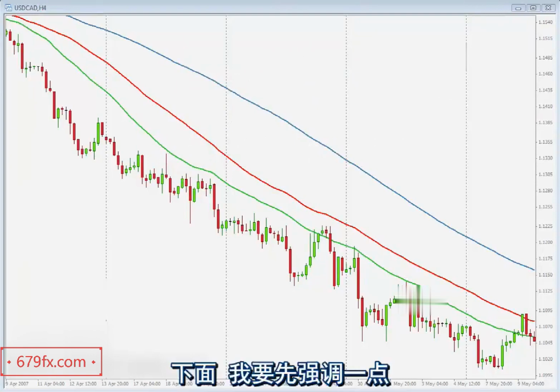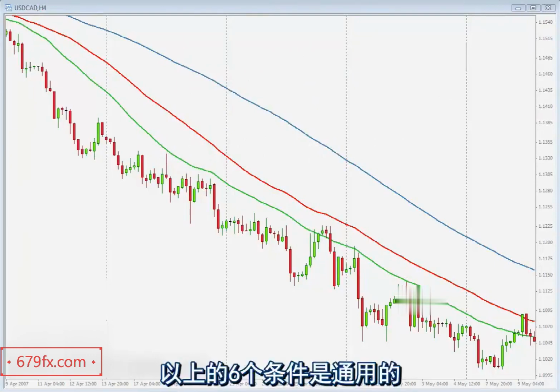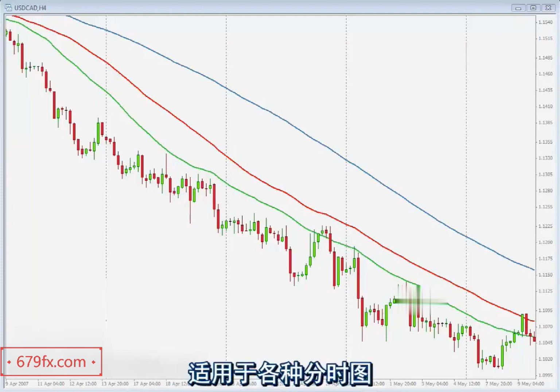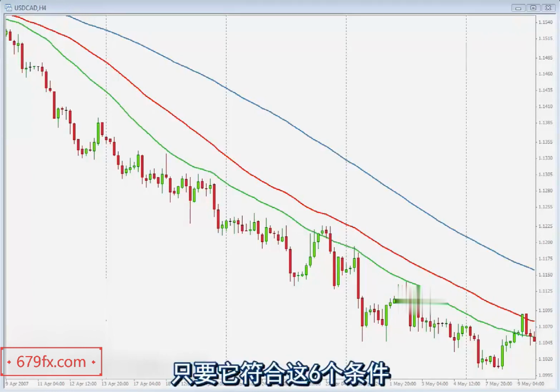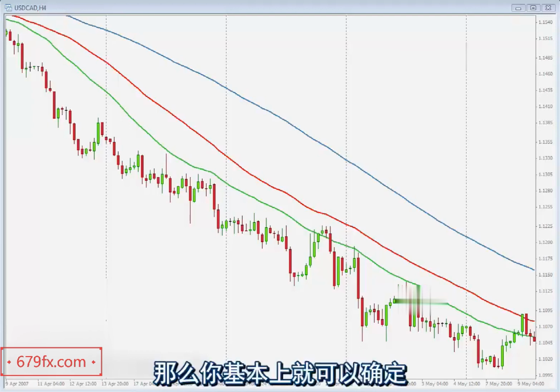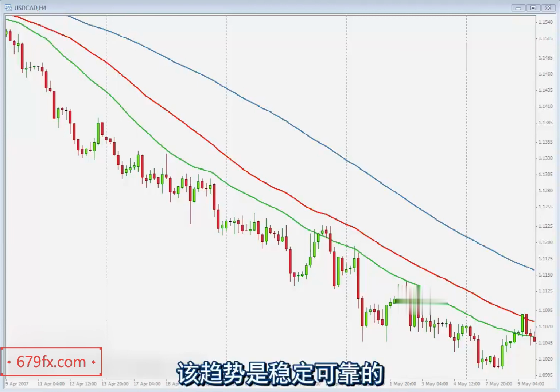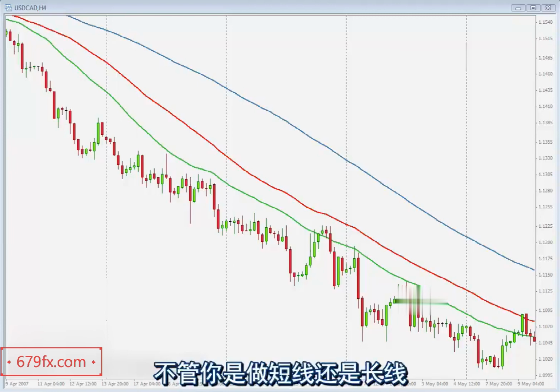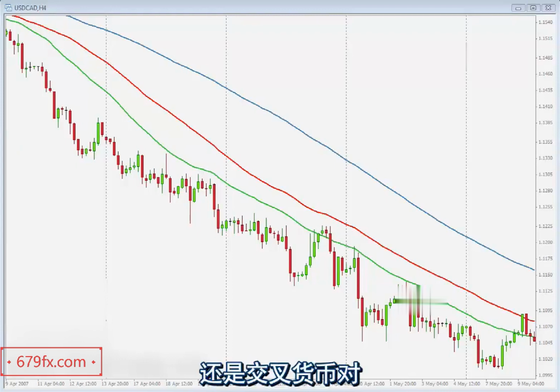Now, I'd like to stress the point that these 6 conditions are universal across any time frame and across any currency pair. Okay, when these 6 conditions apply, you can rest assured you are looking into a healthy trending scenario, no matter whether you are an intraday trader, a long-term trader, whether you like to trade the euro, whether you like to trade exotic crosses.